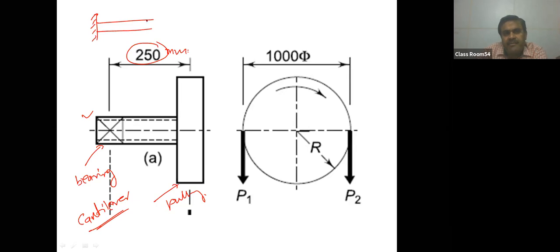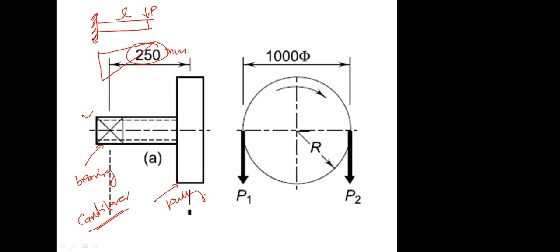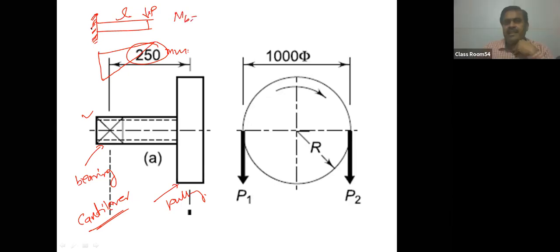Suppose there is a cantilever and a force P is coming over here at the free end, then what is the maximum bending moment acting on the shaft? बताओ. इसका बेंडिंग मोमेंट का डायग्राम कैसा बनता है? कुछ ट्रायंगुलर पैटर्न में बनता है ना. तो सबसे ज्यादा बेंडिंग मोमेंट इस सपोर्ट के लिए आता है. So bending moment is given by force multiplied by distance. तो इस पर्टिकुलर पॉइंट पर, बियरिंग वाले पॉइंट पे, suppose this point is A, the free end is B, so bending moment is given by force multiplied by distance, so it is P into L.